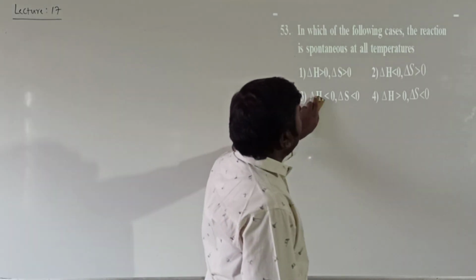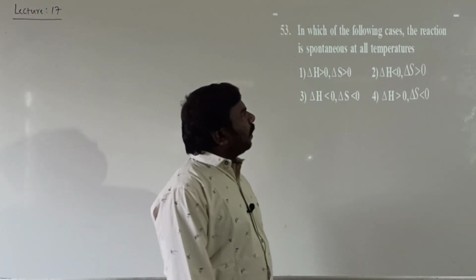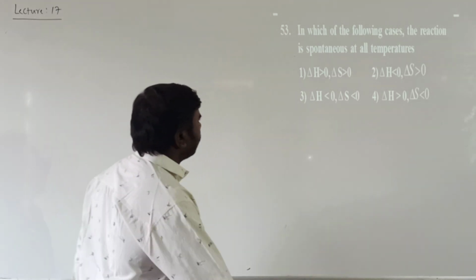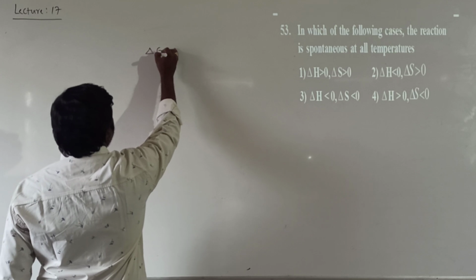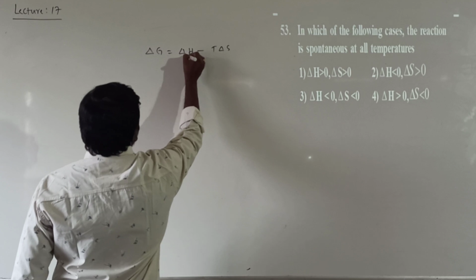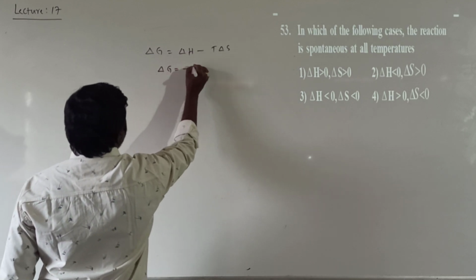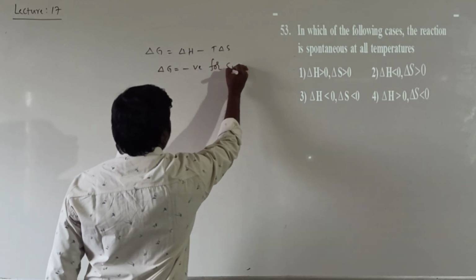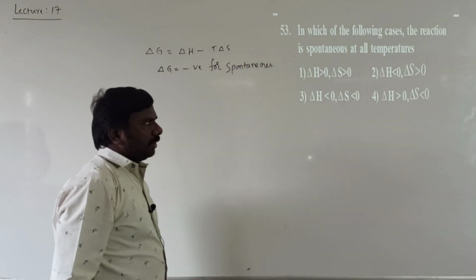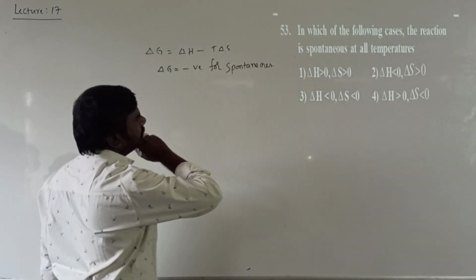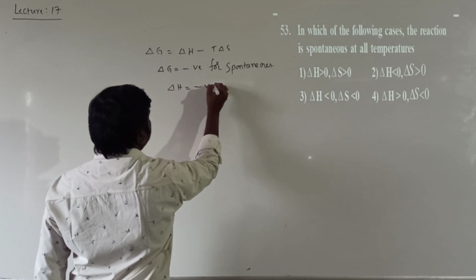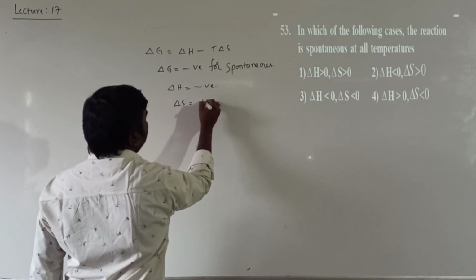In which of the following cases is the reaction spontaneous at all temperatures? The reaction is spontaneous at all temperatures. Delta G is equal to delta H minus T delta S. Now, delta G must be negative for spontaneous reactions. To make it negative, delta H is negative, for example, delta S will be positive.